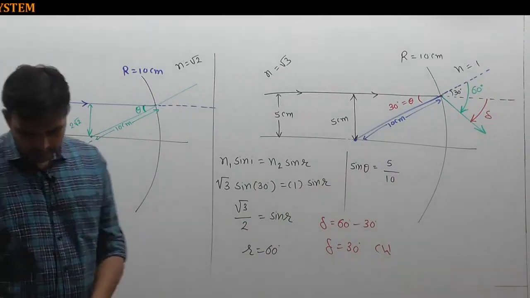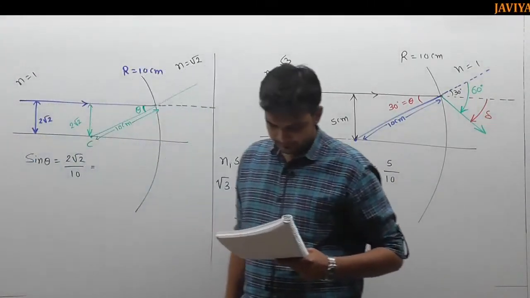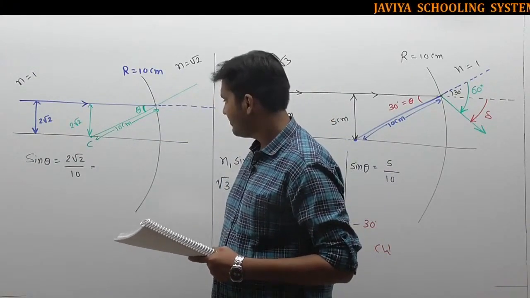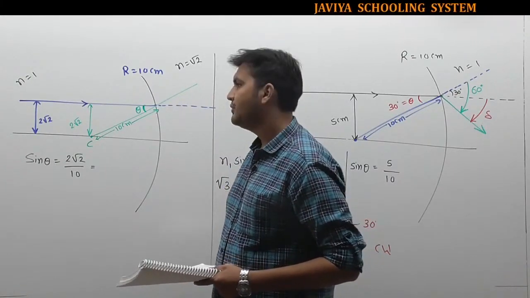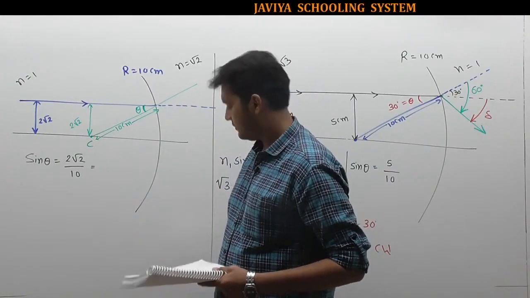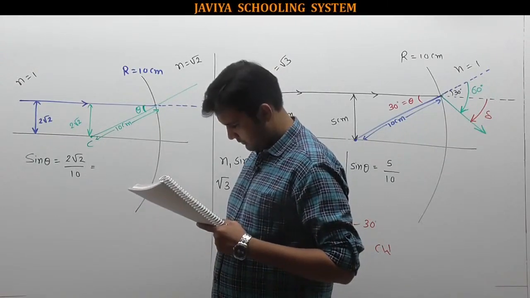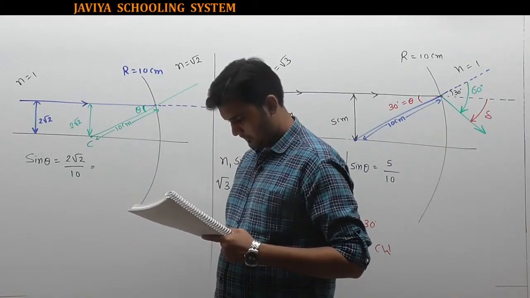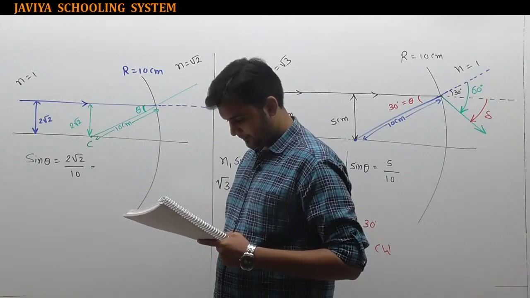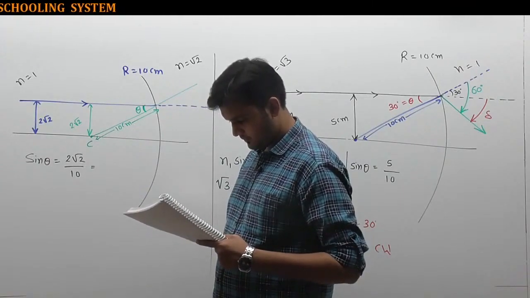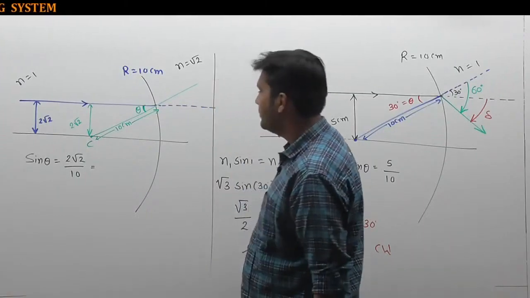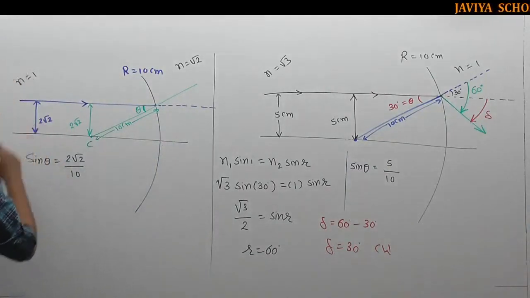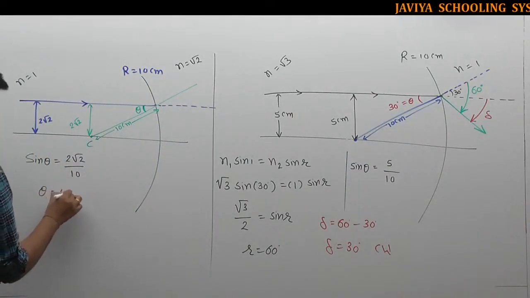One minute. Check the data. Theta should come out to be 45 degree, no? So it's supposed to be 1/√2. See, there is some mistake in the data. Theta comes out to be 45 degree.